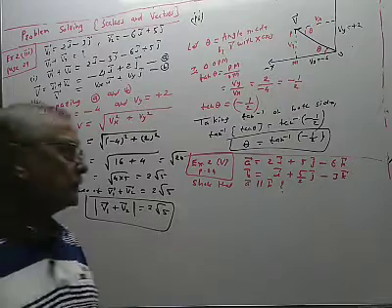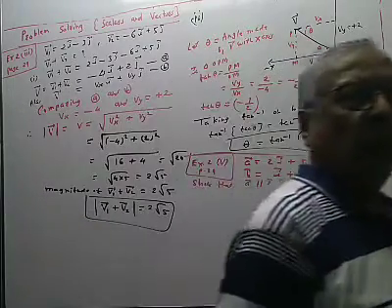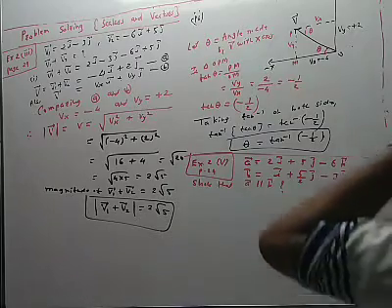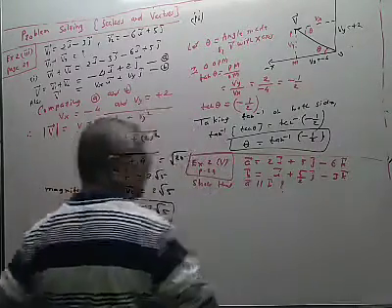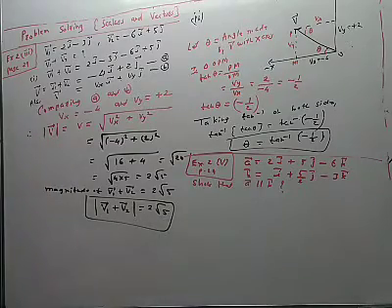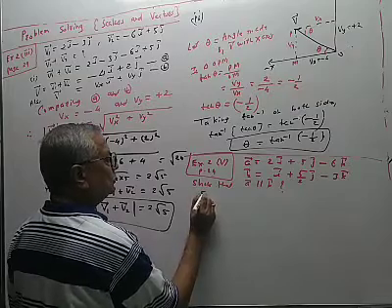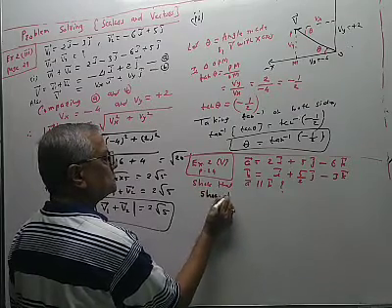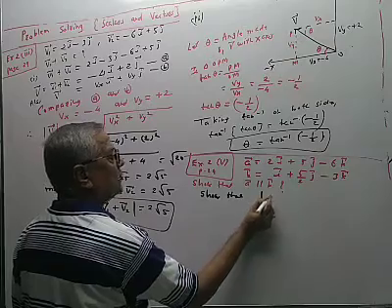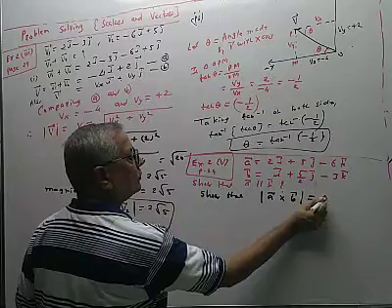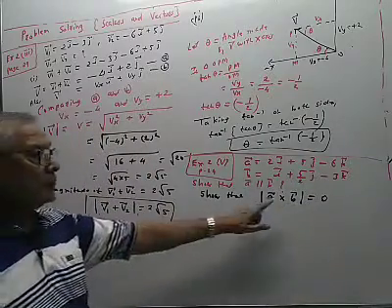So we know the property of scalar product and vector product. When we have to show that two vectors are parallel to each other, then their cross product must be 0. So we have to find the magnitude of A cross B. To show that A is parallel to B, show that the magnitude of A cross B is equal to 0.